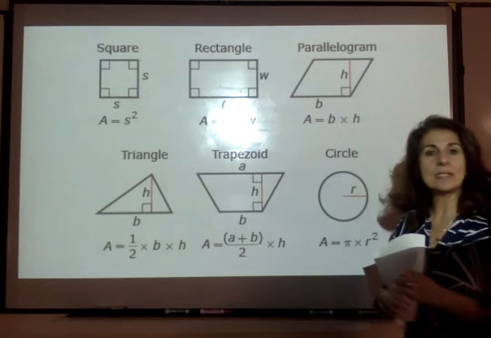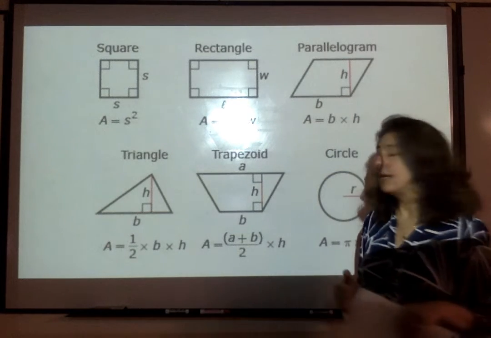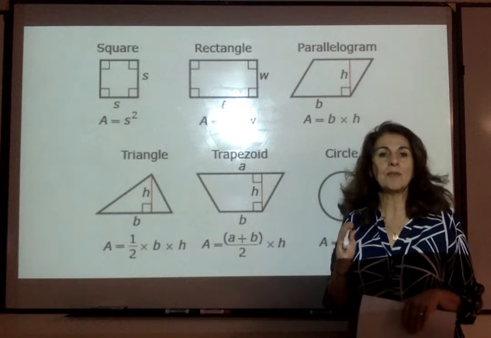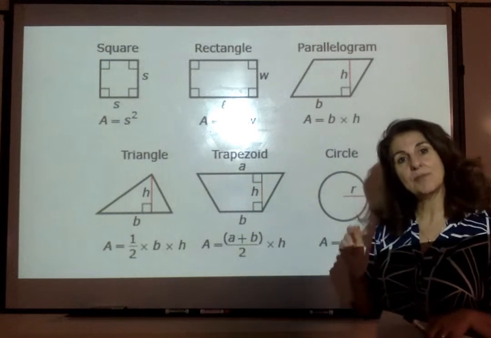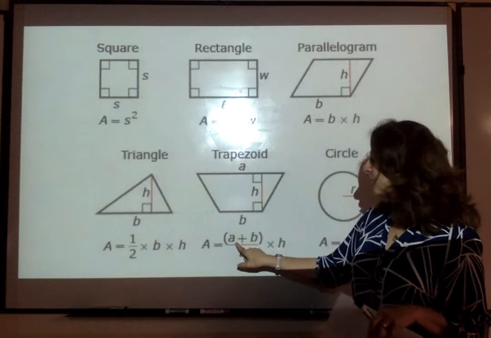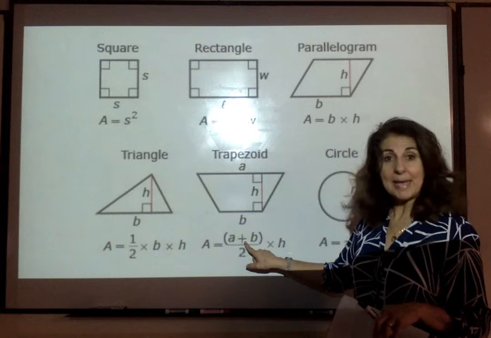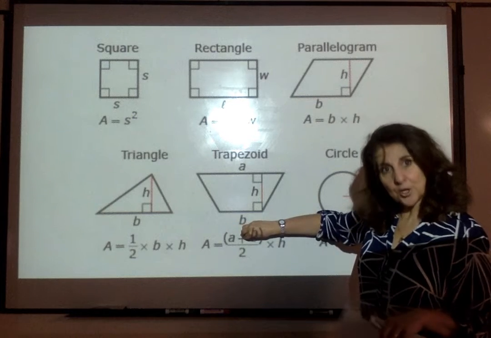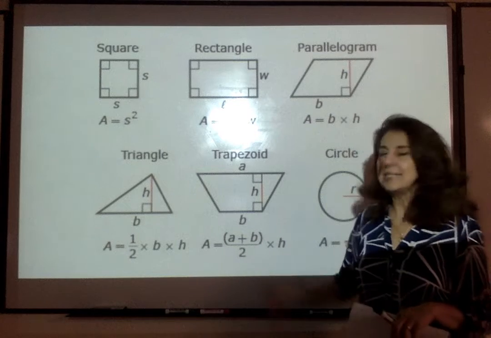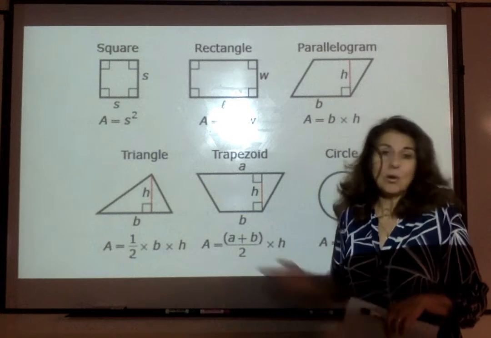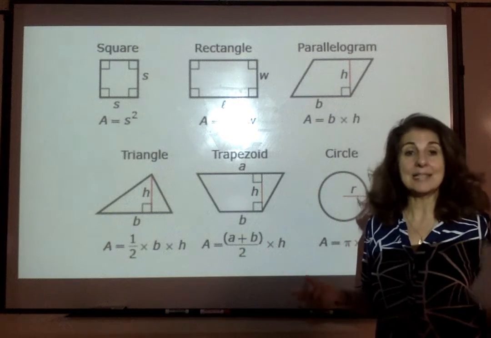Then the trapezoids, that's the one we haven't worked much with. Here's the formula for the area of a trapezoid. It's big base plus small base. Add them together first, and then you multiply by the height and divide by 2, or divide by 2 and multiply by the height. It doesn't really matter.